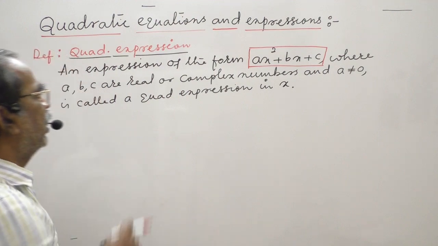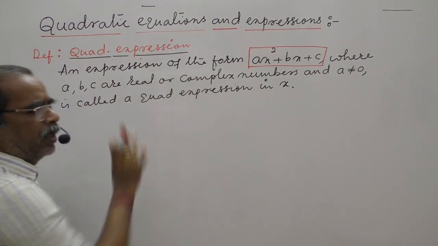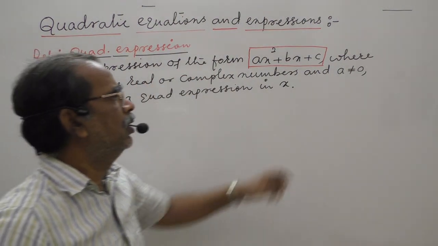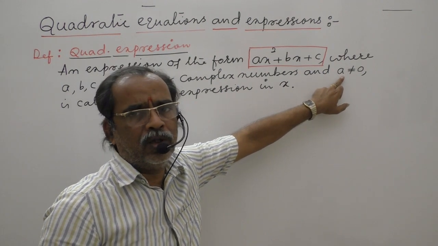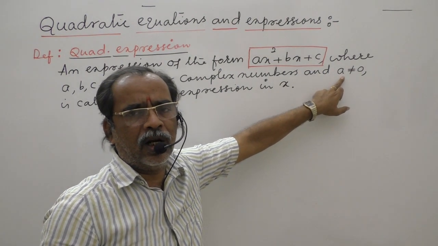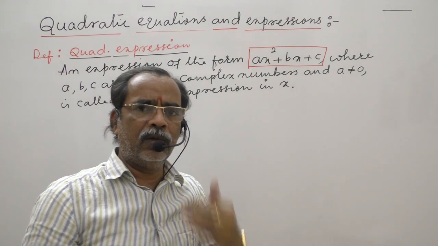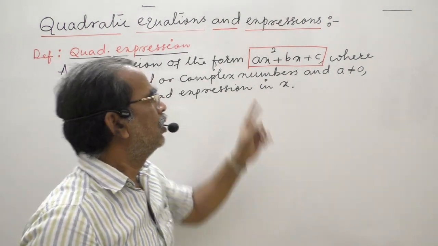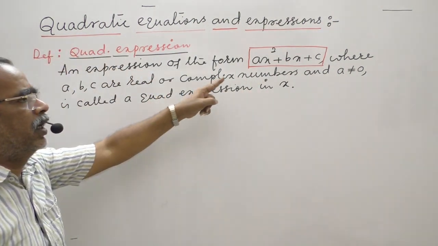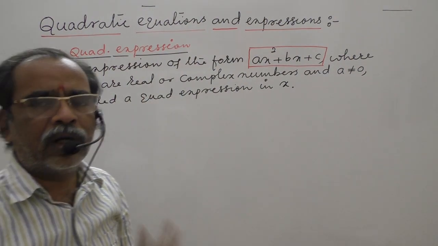They can be either real numbers or complex numbers, in which a should not be 0. Of course, a is a real number or complex number different from 0. It is called a quadratic expression in the variable x.